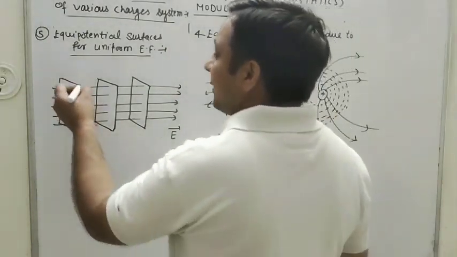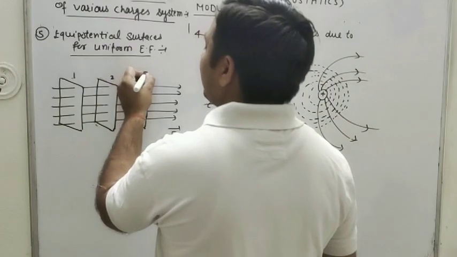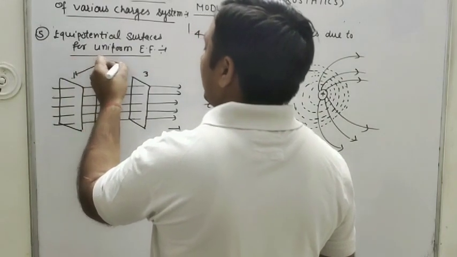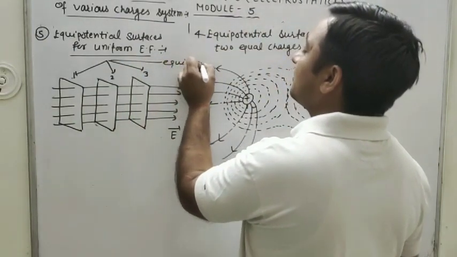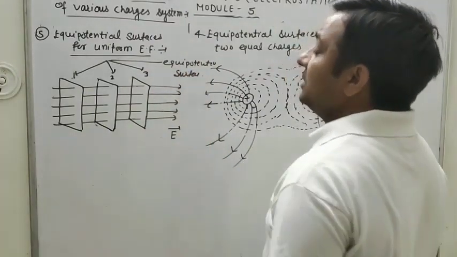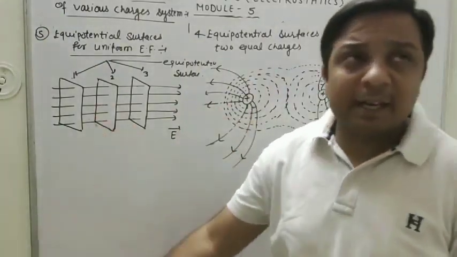So this is the first, this is the second, and this is the third. And these all are equipotential surfaces. These are the equipotential surfaces due to a uniform electric field.